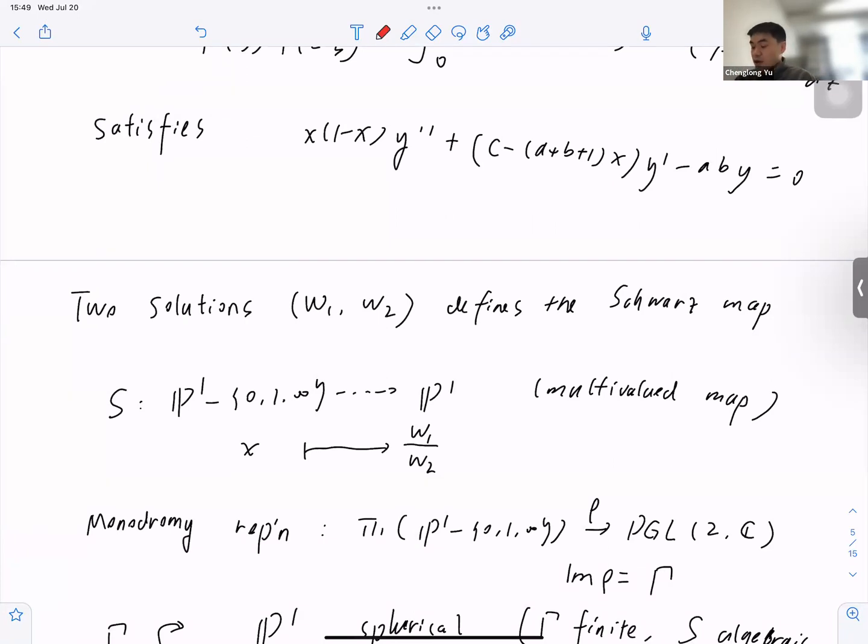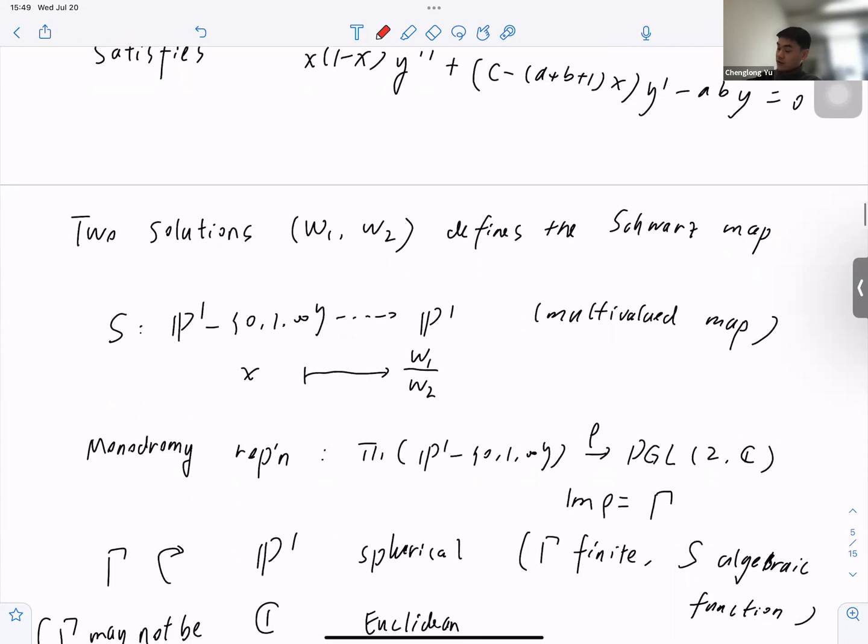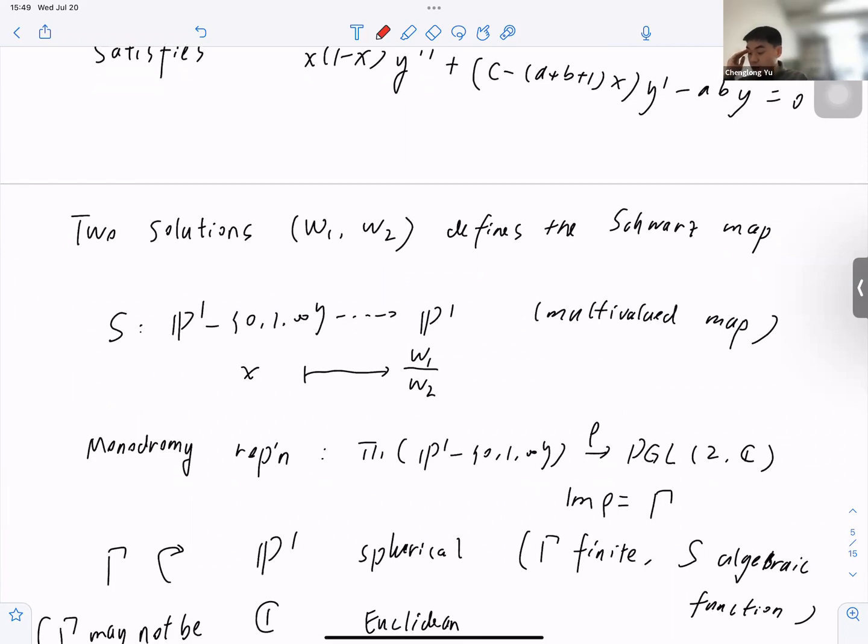And the monodromy of this solution of the hypergeometric function will give you a representation, since the solution space has dimension 2. So the monodromy representation is from pi 1 of the 3-punctured sphere into PGL2(C). The image of this monodromy representation will be denoted by gamma.